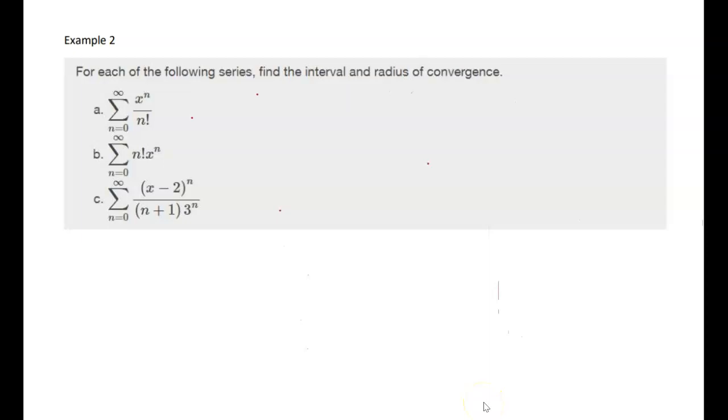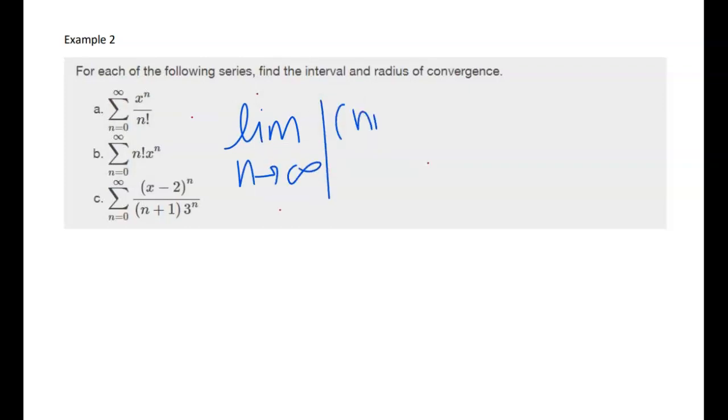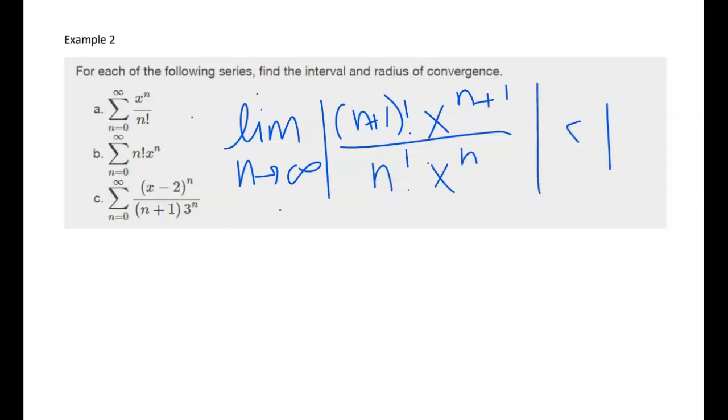Okay, so let's use the ratio test here on B. So I'm going to have (n plus 1) factorial x to the n plus 1 all over n factorial x to the n, less than 1.